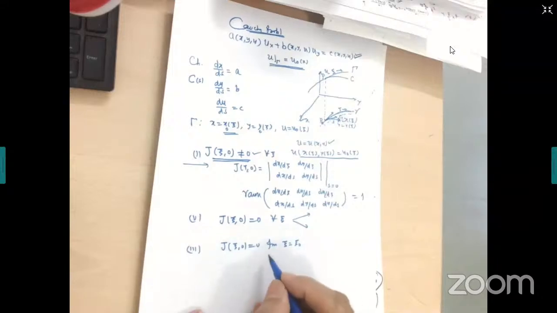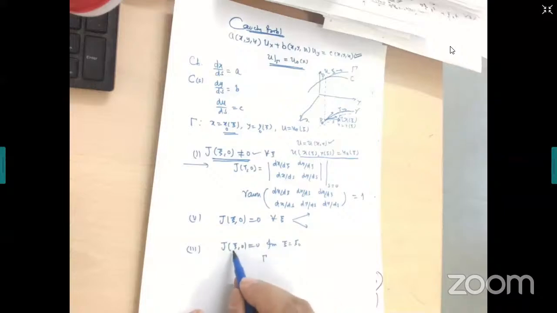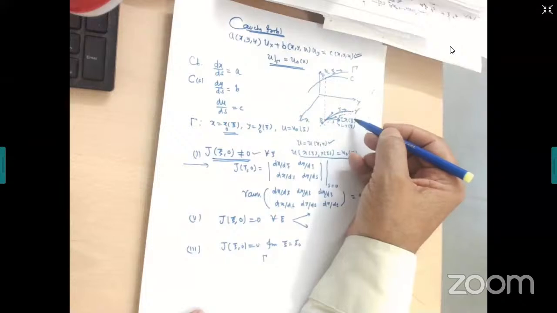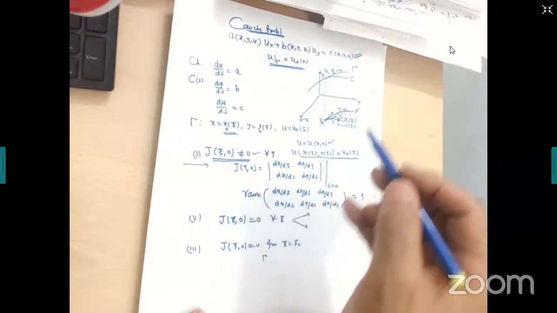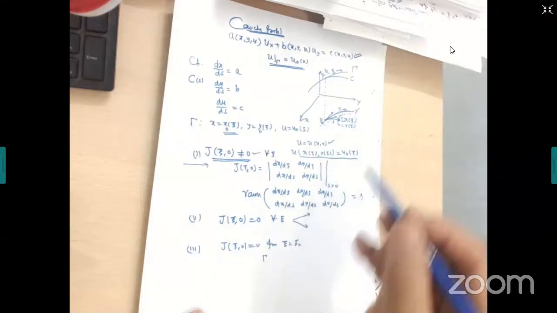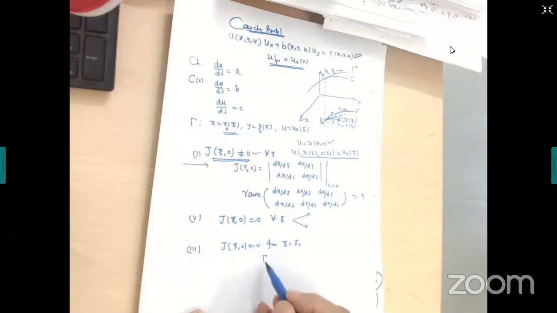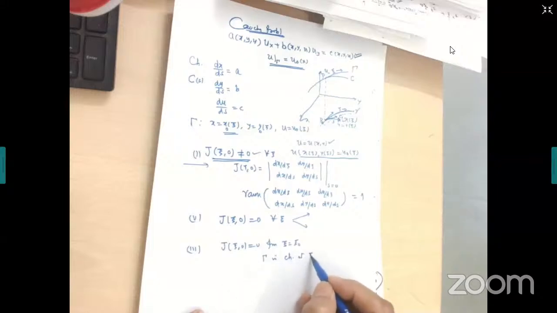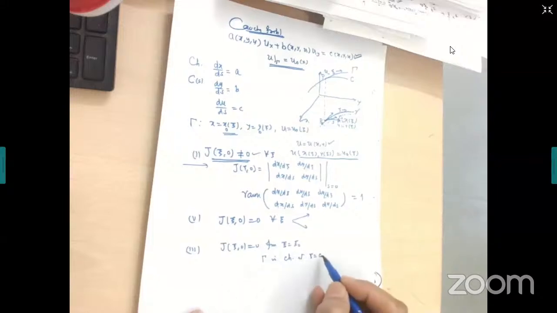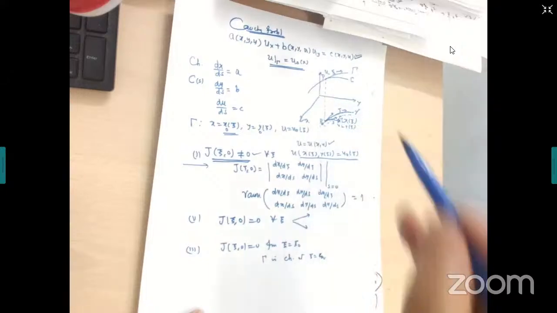Then you have to look for the space curve. When you say j equal to 0 or not equal to 0, it refers to this base curve. So now we have to look for gamma. If gamma is a characteristic at xi equal to xi naught, that is a space curve at that point.